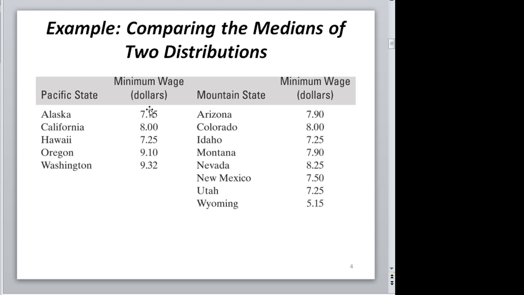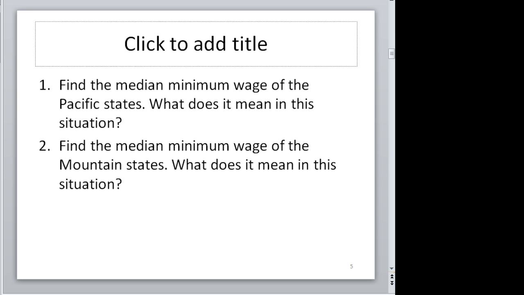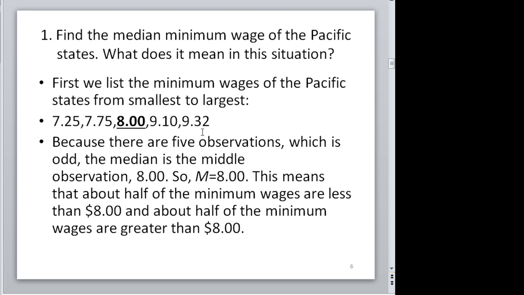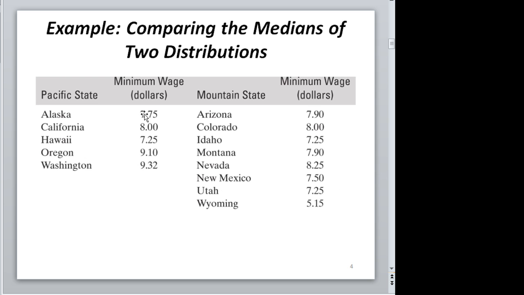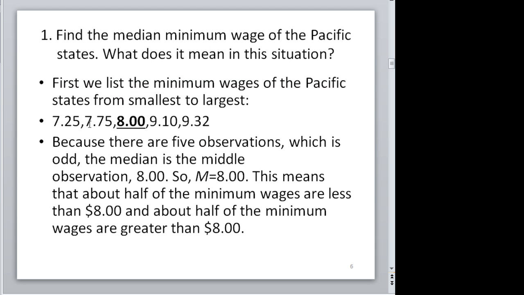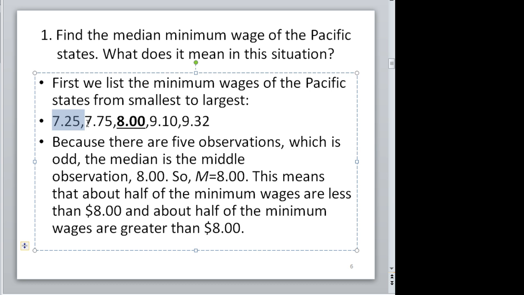Well, you have to list them again from small to large. So if you try to find the minimum wage for the Pacific states, you rearrange it from small to large. Remember, we had 5 different data points. Rearrange it and it becomes like this.